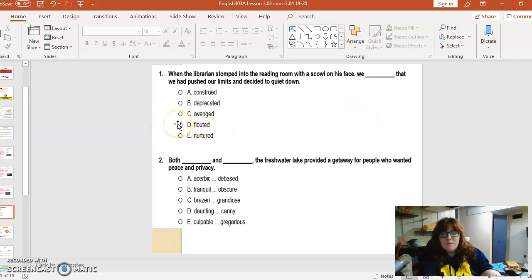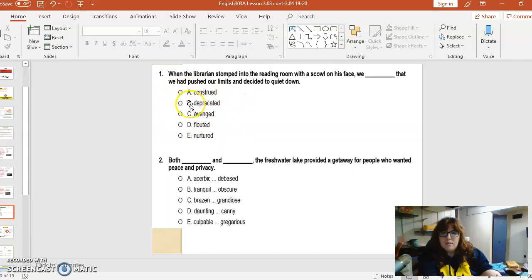Flouted means you're showing off and you're kind of like bragging. That doesn't make sense. You're not bragging when you're quieting down. Nurturing is kind of like you're loving someone, you're making them feel better. And that doesn't seem like they're trying to nurture him right now. So that means you're left with these two.